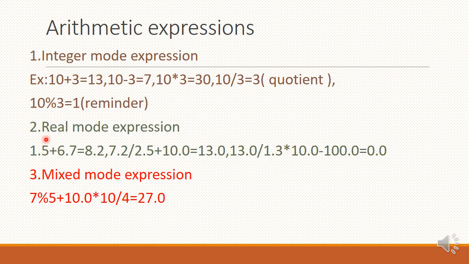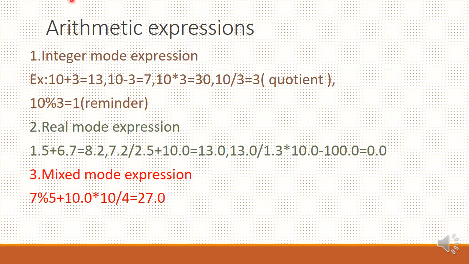Next, let us come to the real mode expression. What do you mean by real mode expression? Once again, the same thing. Instead of integers, if you take real numbers and write the expression with arithmetic operators, then they are called real mode expressions.